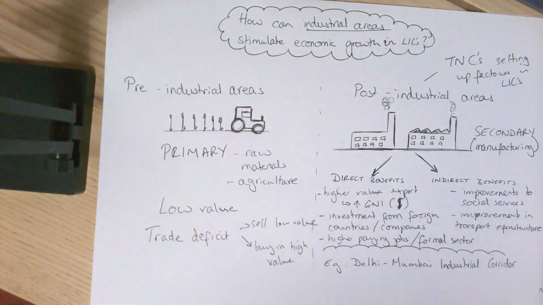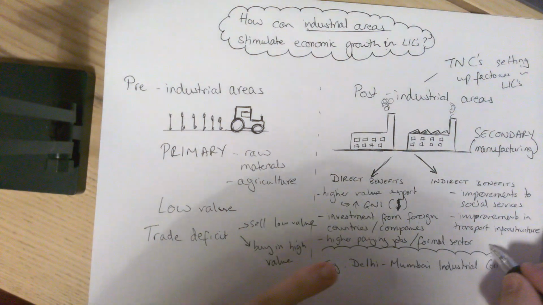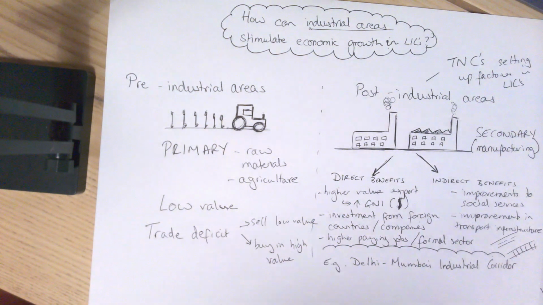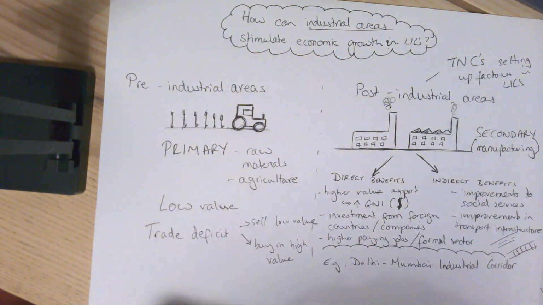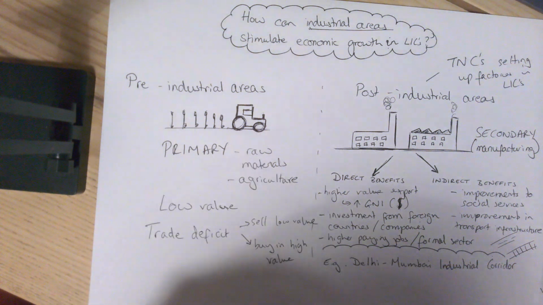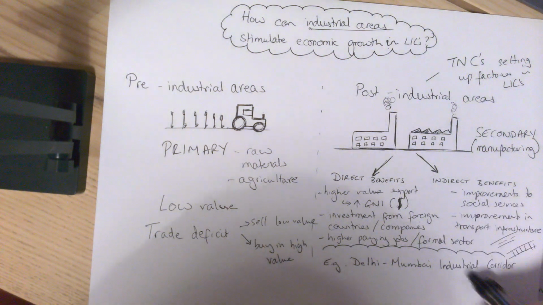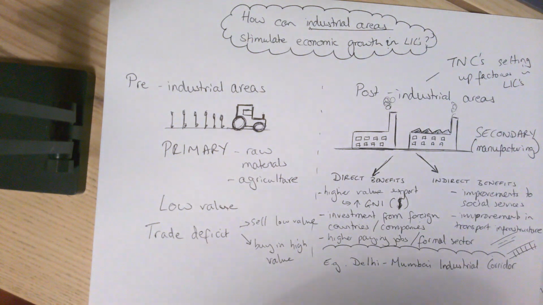So that might be things such as improvements in roads or railway, which allows these products to be moved from the factories where they're made to their ports where they're going to be sold, airports where they're going to be transported around the world, much more efficient. But that's also going to benefit the population.